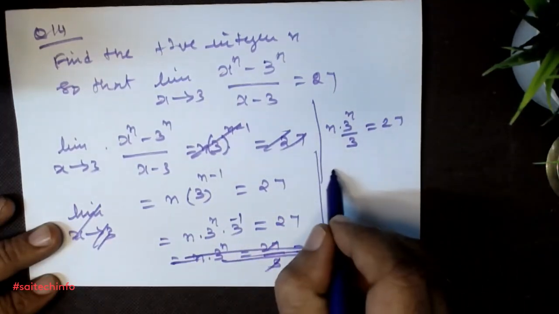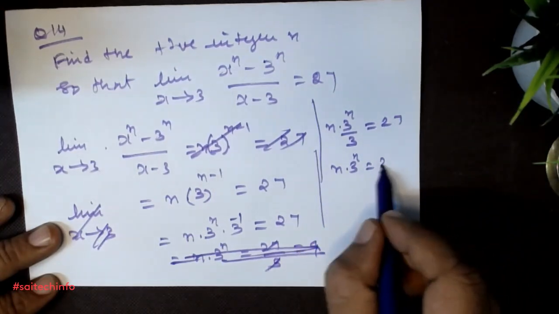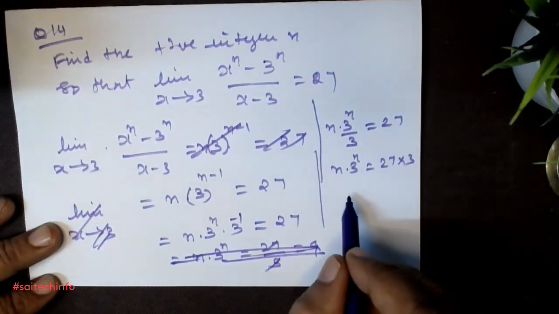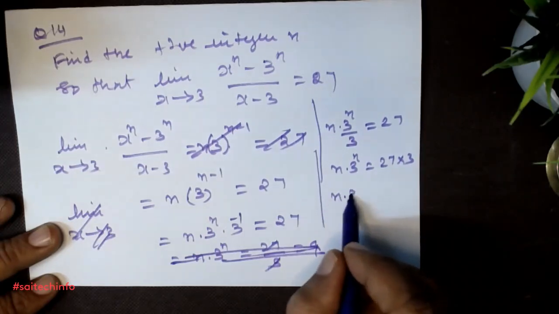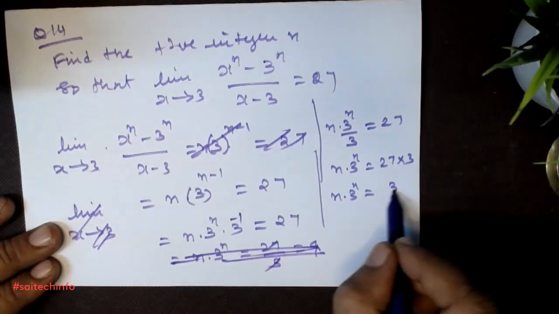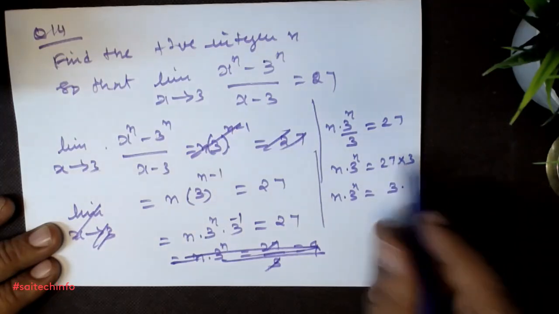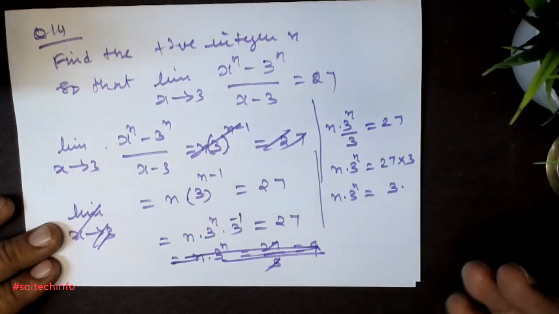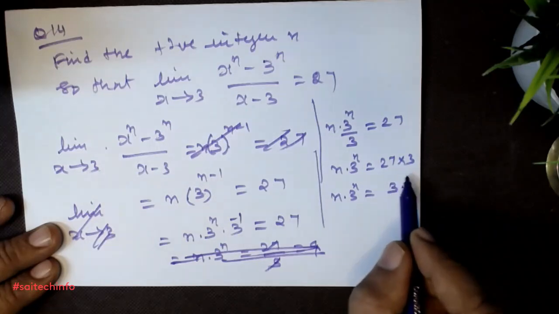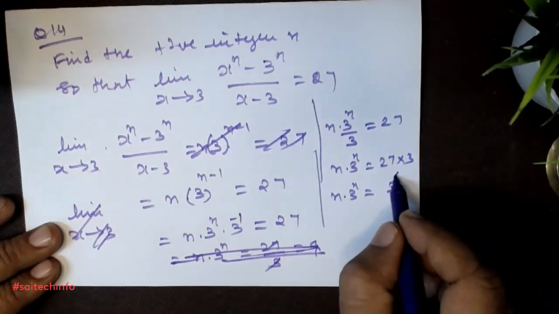So 27, and then n 3 power n is equal to 27 into 3. So this is nothing but n 3 power n, that is equal to 27 into 3, means 3 power 3 into how much? 27. 3 3s are 9, 9 3s are 27. 3 times 3 power 3 is 3 power 4.